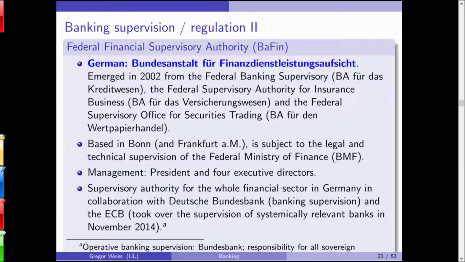The BaFin is part of the executive. Well, it's not really part, but it's supervised by the Federal Ministry of Finance, Bundesfinanzministerium. And why is this important? Because the BaFin is very much influenced by politicians. Central bankers always take pride in the fact that they are totally independent of politicians.